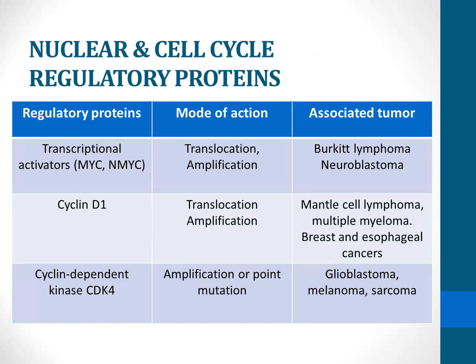Similarly, oncogenes may also encode nuclear and cell cycle regulatory proteins like cyclins and transcription proteins like MYC and MYB. When they are mutated, they can lead to various tumors like lymphomas, brain tumors, melanomas, esophageal cancers, breast cancer, and sarcomas.